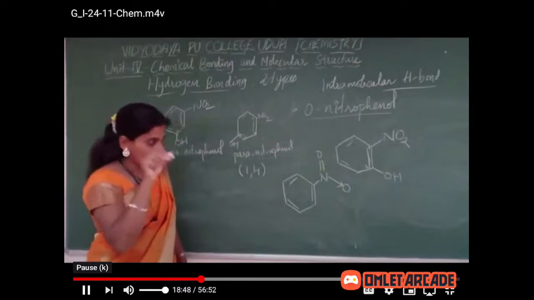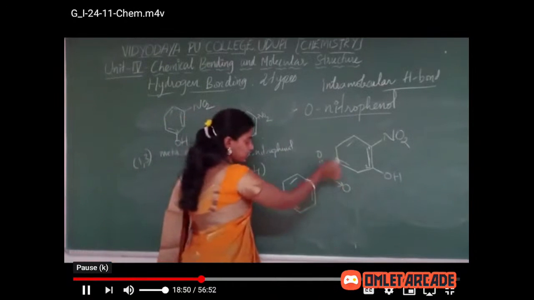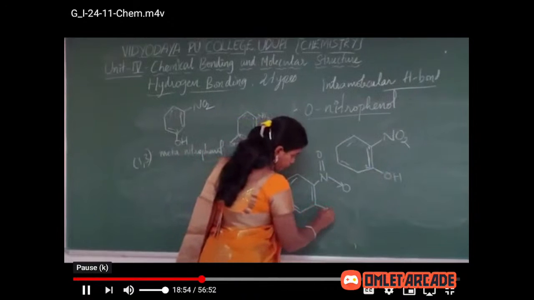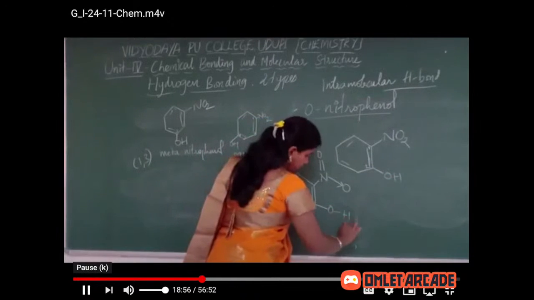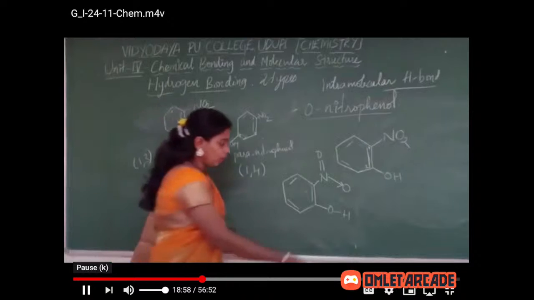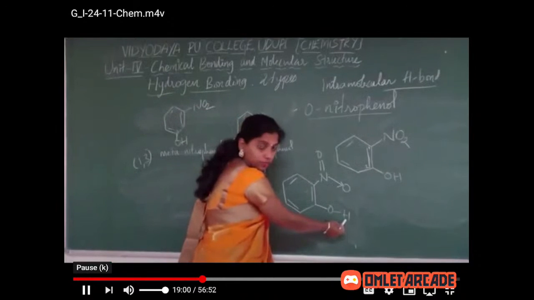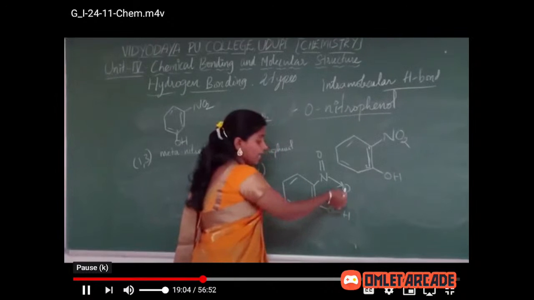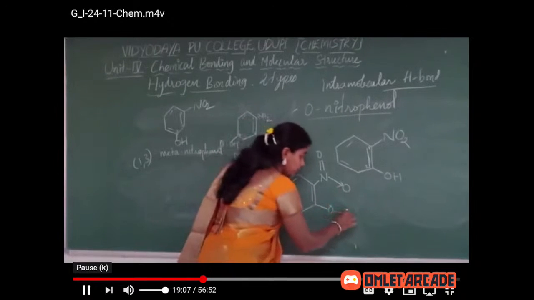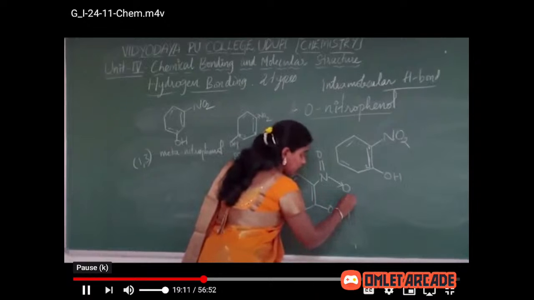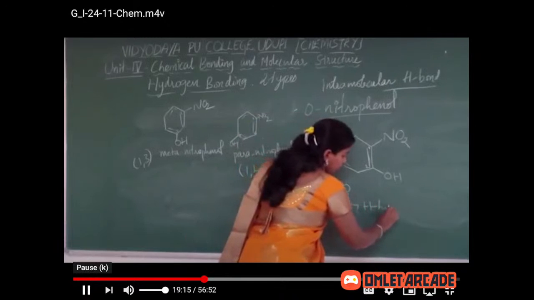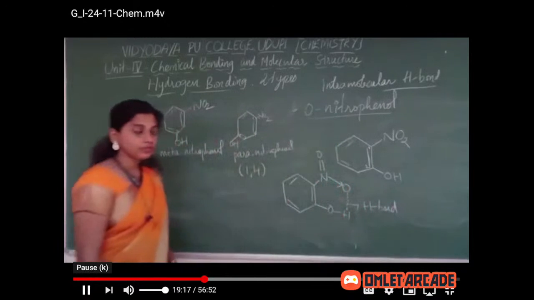Okay, so a simple coordinate bond is like this. This is the NO2 structure and this O, H is like this. Now this particular hydrogen is placed in between two highly electronegative elements. So there is an attractive force. So this bond is called the hydrogen bond.